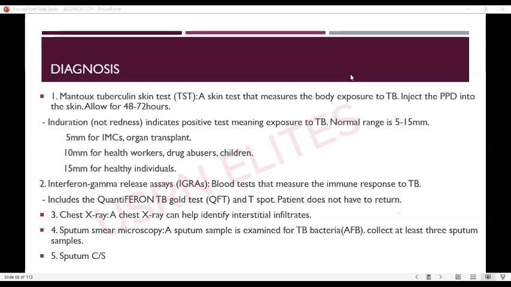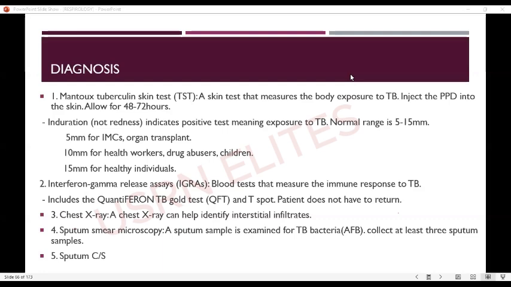Okay, because when you give a vaccine, what happens? You are introducing an antigen to the patient's body. So the patient has already been exposed to the TB bacteria in some way. That will give you a false positive. That is the reason why we are getting that false positive result. You get it?